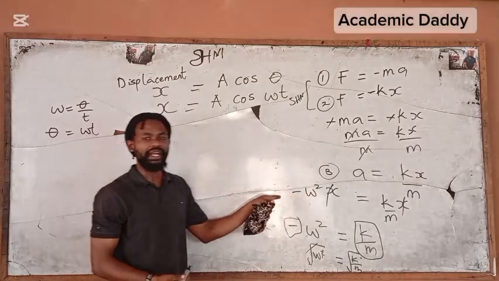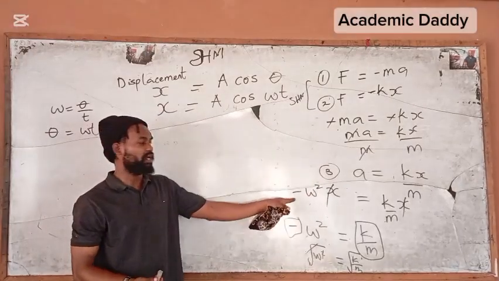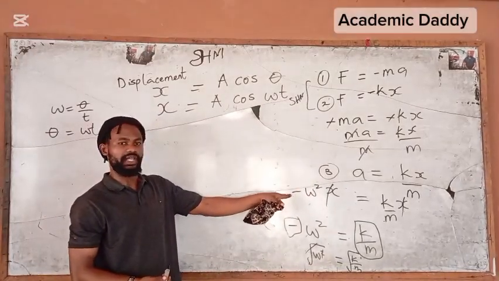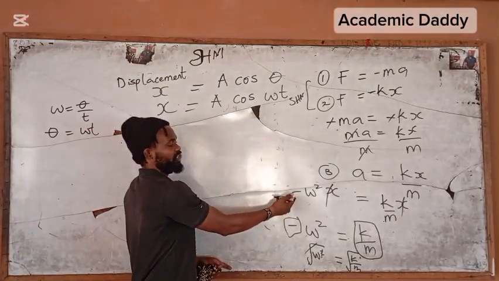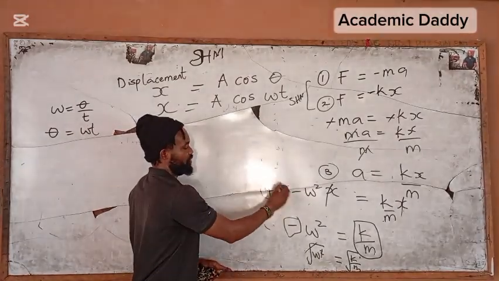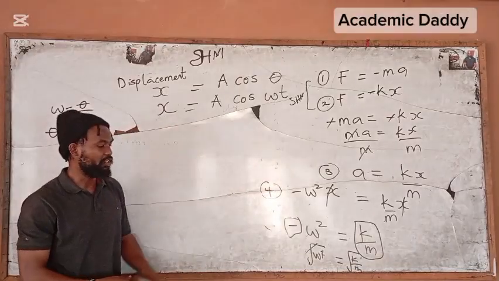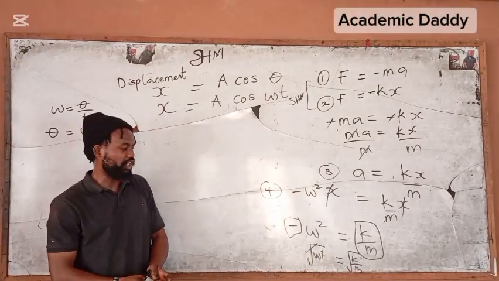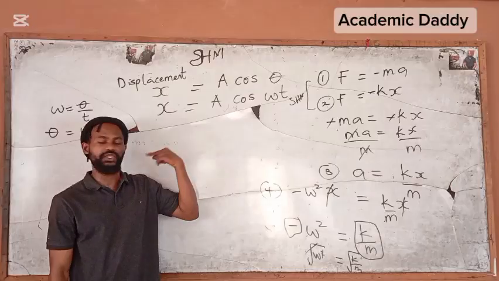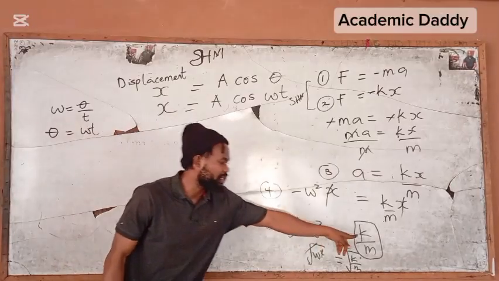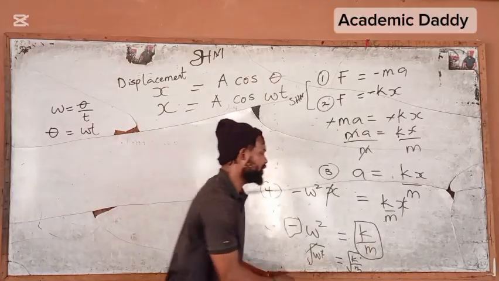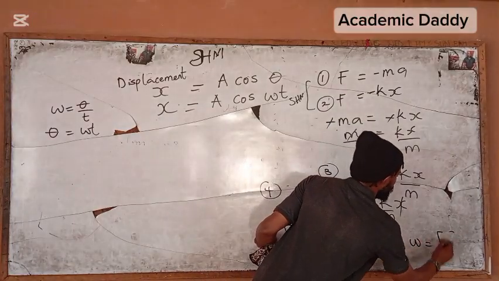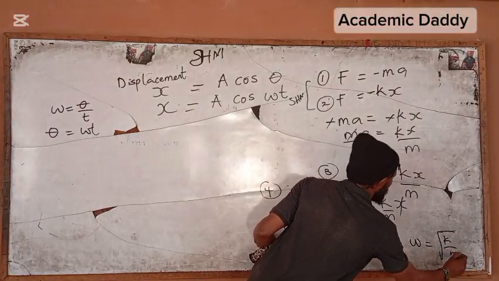Now, comparing it to the acceleration of circular motion, paying attention to acceleration, I have this fourth one. Then when I compare the two, the relationship is that w, that is angular frequency, angular velocity, with this simple harmonic motion relation, anywhere I see w, w is the same thing as root k over m.